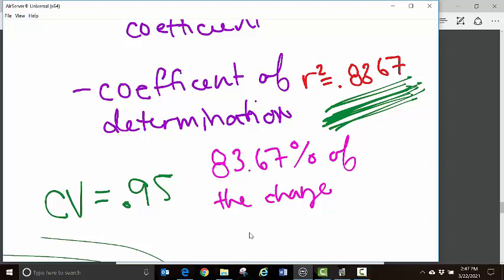That other 13% is maybe you didn't sleep well, maybe you weren't paying attention. But it's just that this is the percent that your prediction line is based off of your X.